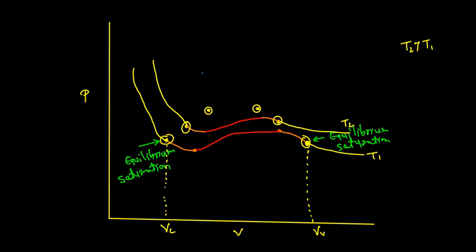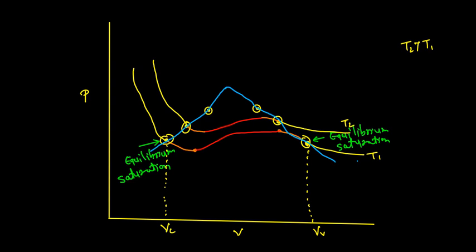What's going to happen is the difference in the volume is decreasing. Therefore, I might reach a situation where the difference in the volumes actually becomes 0.